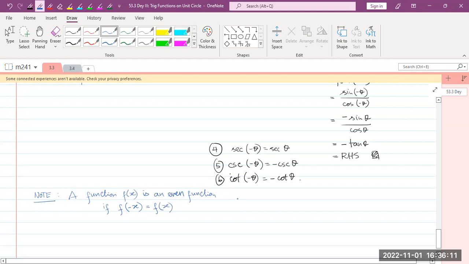As you can see, for example, above, cosine theta and secant theta are even functions.